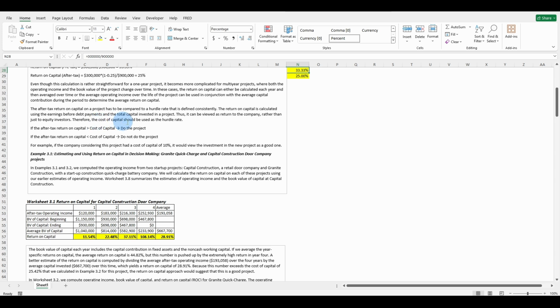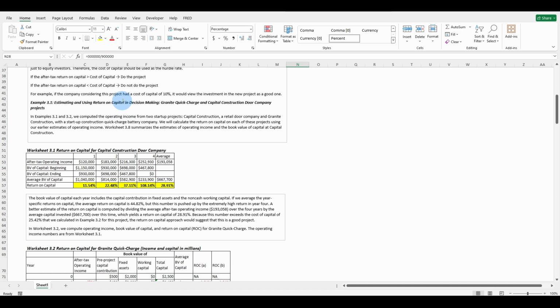Therefore, the cost of capital should be used as the hurdle rate. If the after-tax return on capital is greater than the cost of capital, do the project. If it is less than the cost of capital, don't do the project. For example, if the company considering this project had a cost of capital of 10%, it would view the investment in the project as a good one.